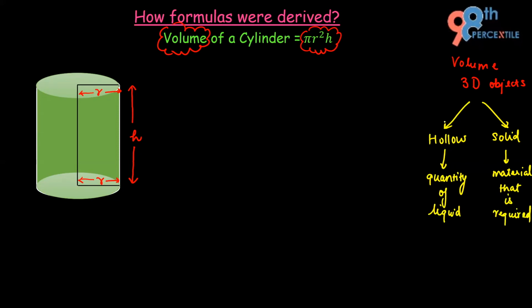Now that we are clear with the meaning and interpretation of volume, let's derive the formula for the volume of a cylinder. In order to understand the formula, I'm going to draw a disc here. You can imagine a circular disc, and suppose I'm placing that disc at the bottom of this cylinder.